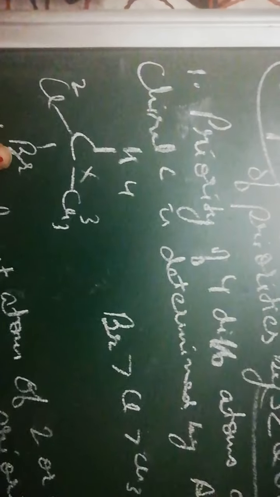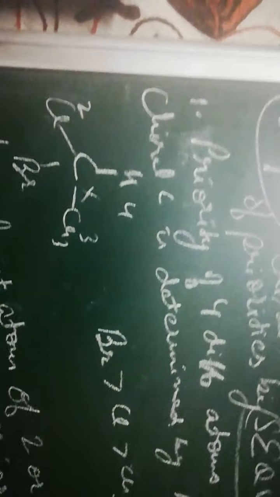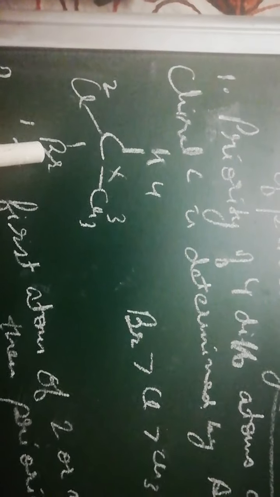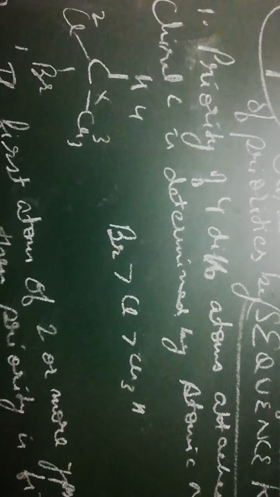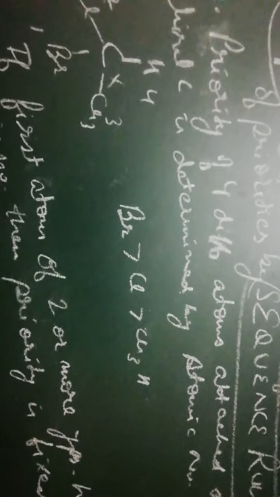We know bromine has the maximum atomic number, followed by chlorine, then carbon, and then hydrogen. So the sequence of priorities will be: first priority to bromine, then chlorine, then CH3 and then H. So in the first step, priorities are decided on the basis of the atomic numbers of the atoms attached to the chiral carbon atom.